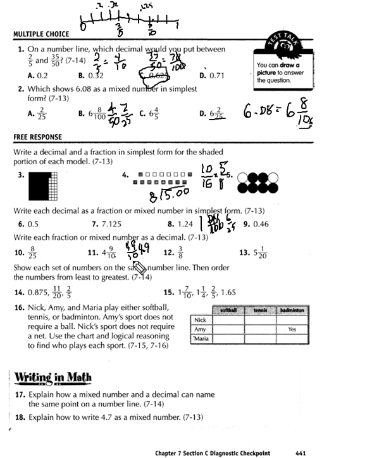Okay, let's try number 15. Okay, we have 4 numbers. Our number line is going to go from 0, because we have a 2/5, up to 2.